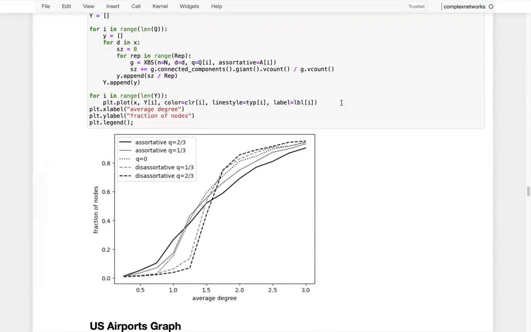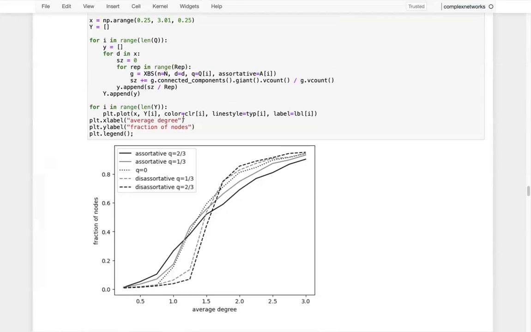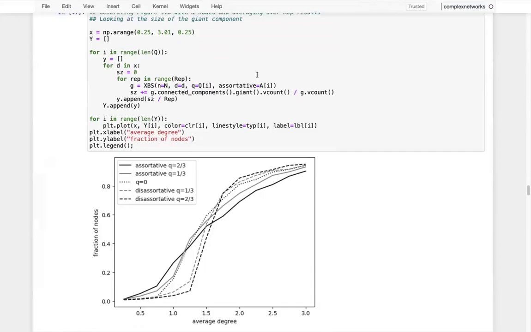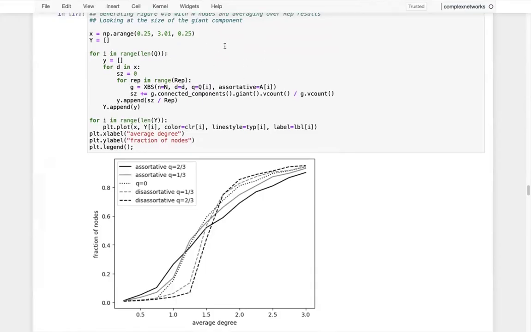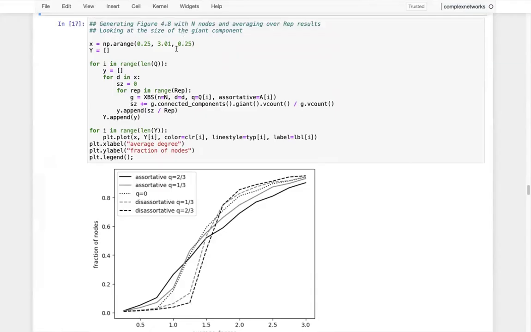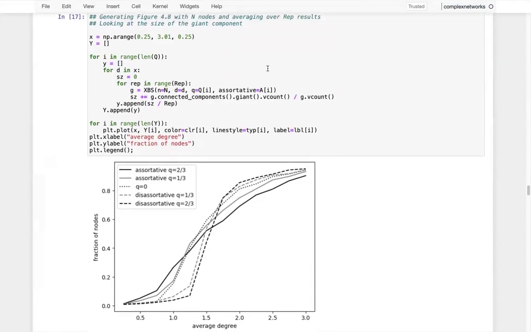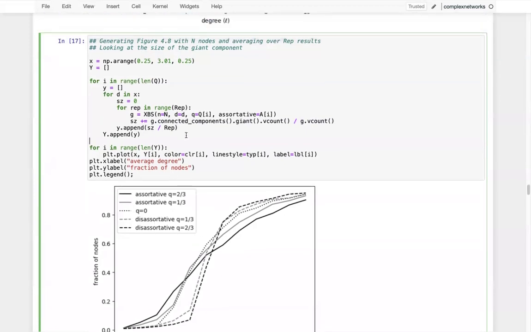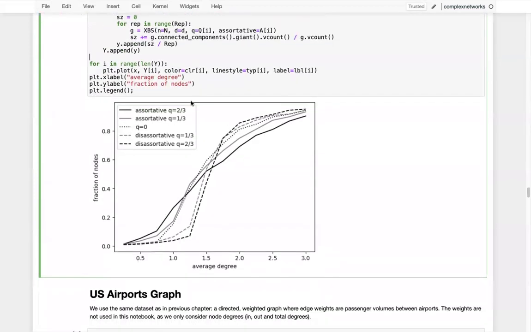Again, there's a discussion in the book, but this is illustrating how the giant component grows, what fraction of nodes, so the order of the graph, what fraction of nodes are included in the giant component for different levels of assortativity. So what we're doing basically is that for our range of parameters, we are looking at the size of the giant component divided by the total number of nodes and storing the result. And this gives us the result presented in figure 4.8 in the book.